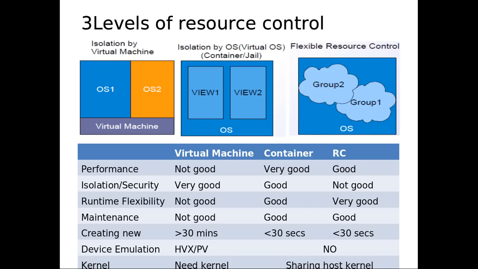There are two types of virtualization actually: full virtualization and paravirtualization. Full virtualization is nothing but hardware emulation in software. Some people say that if we are doing full virtualization, we need to attach motherboards and all these things, but in paravirtualization there is no concept of that. But a container has no device emulation.